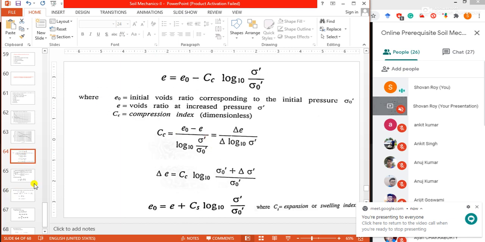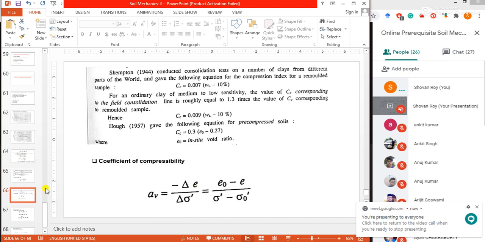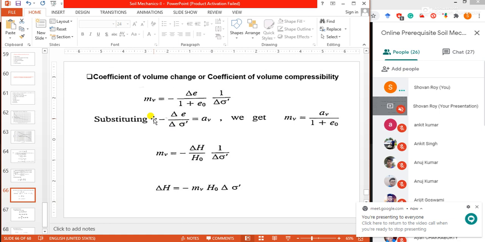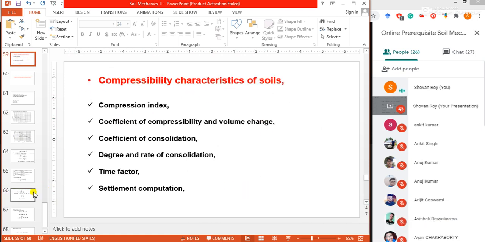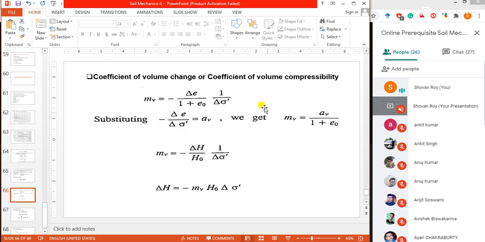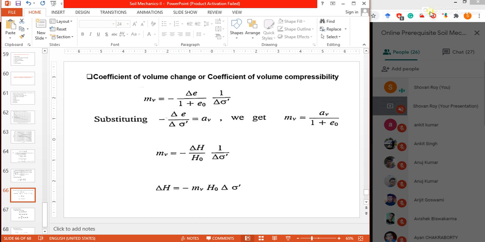Like Cc, av and mv, this is one of the important compressibility characteristics of soil. These are very important for GATE exams.